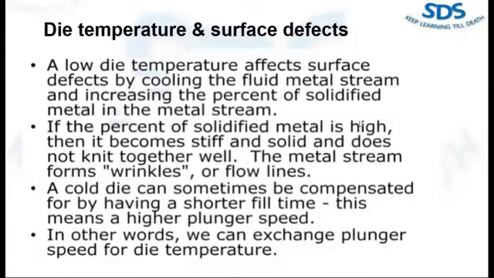So many times the effect of a cold die can be minimized by filling the die faster by using a higher plunger speed. Yeah, right. See, what happens on many shop floors, we regularly adjust the plunger speed, some valves, some cycle time or spray time.